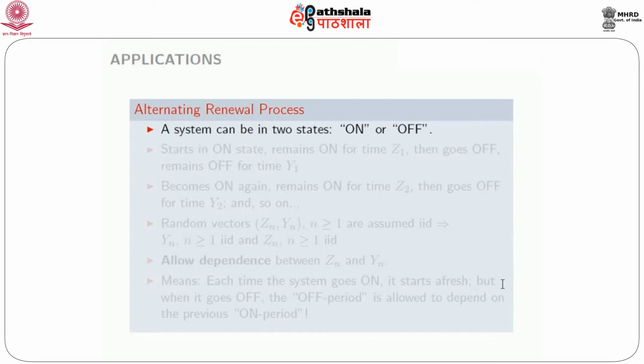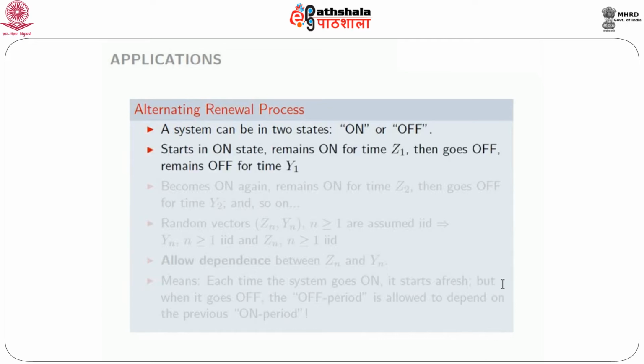So imagine that you have a system which can be in two states, call them on or off. As you will see later, in various contexts, the interpretation of what is on and what is off would be left to us. So for the time being, it's just nomenclature. A system can be in two states, on or off.